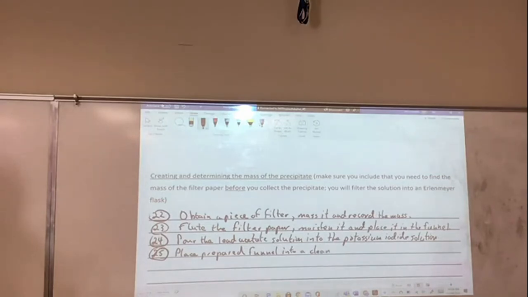And we probably should have put the volume of the Erlenmeyer flasks in here. A clean 250 milliliter Erlenmeyer flask. And then do what? And then filter.